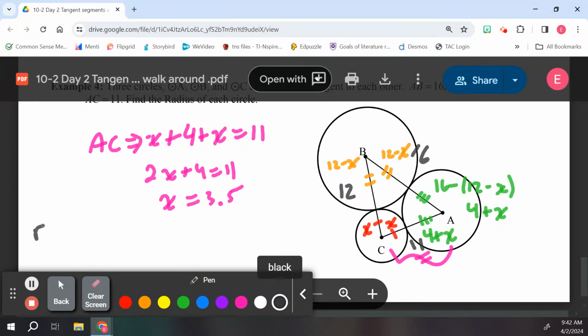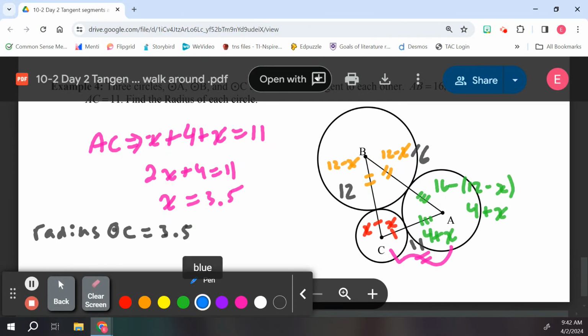So if we're talking about a radius, the radius of circle C is 3.5. That's easy because we labeled that as x, right? The radius of circle B is going to be 12 minus 3.5, which leaves us with 8.5.